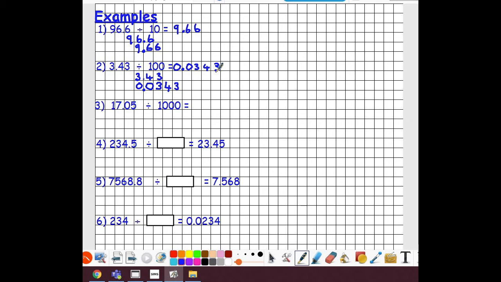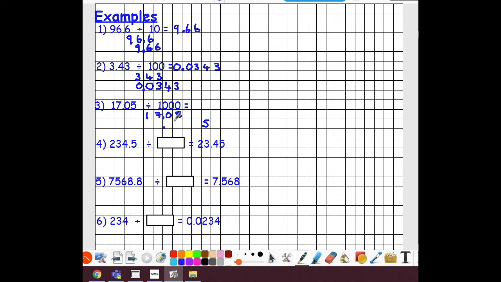Next, 17.05 divided by 1,000. So if we write that in, 17.05, and it's being divided by 1,000. So if we pop our decimal point there, divided by 1,000, we know each digit moves 3 places to the right. So if we start with a 5 here, it's going to move 1, 2, 3, and end up there.